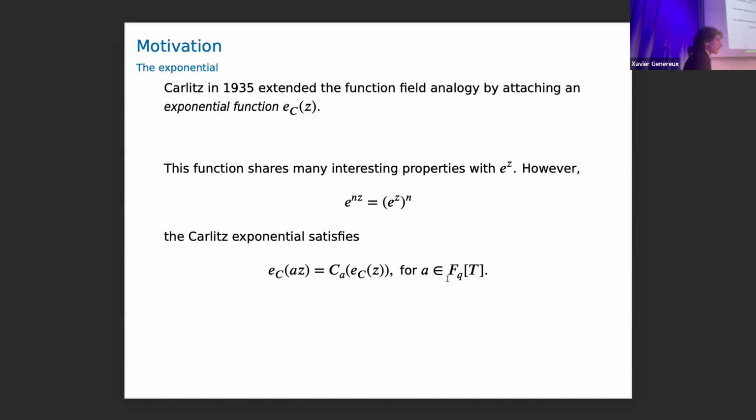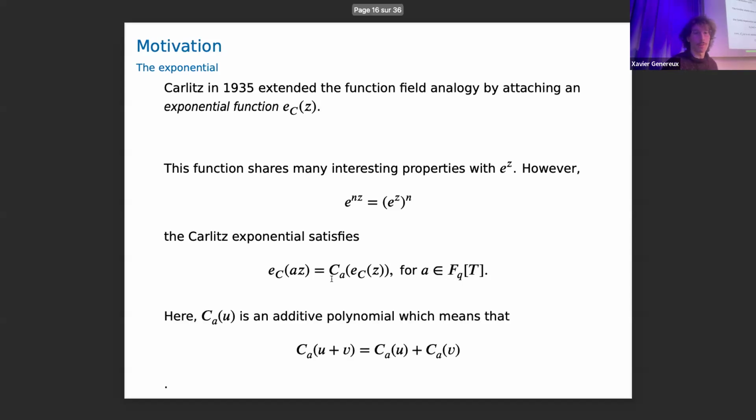Can I pull it out? Yes, but in a rather different way. I'm writing it here as C of a, where C of a is some polynomial that is additive. So I can pull it out, but I still have some relation that allows me to pull it out in a slightly different way. And these are additive polynomials, which we're going to see again.